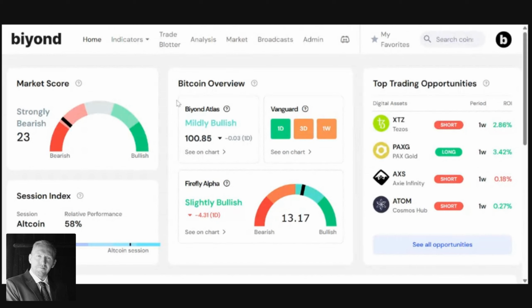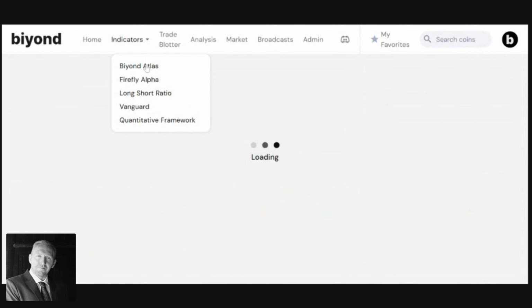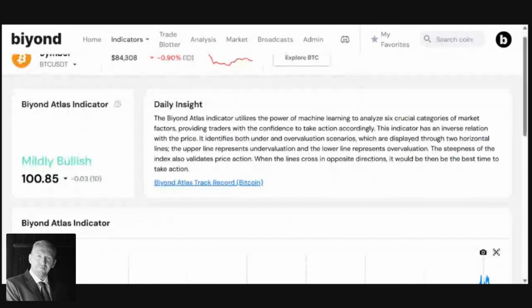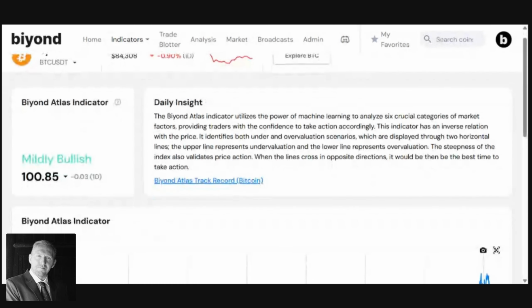So I think today a good place to start will be with one of our staple indicators, and that is Beyond Atlas. In case you didn't know, the Beyond Atlas indicator utilizes the power of machine learning to analyze six crucial categories of market factors, and this provides traders with the confidence to take trades or not.